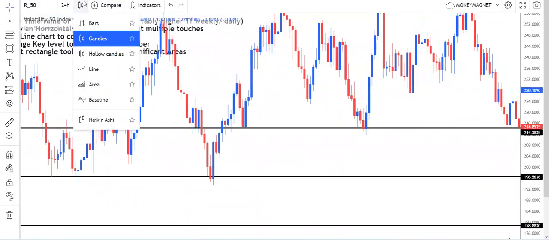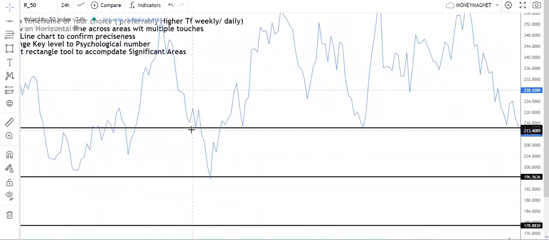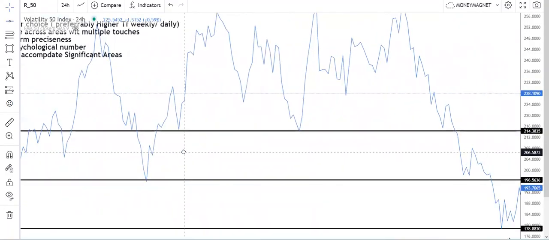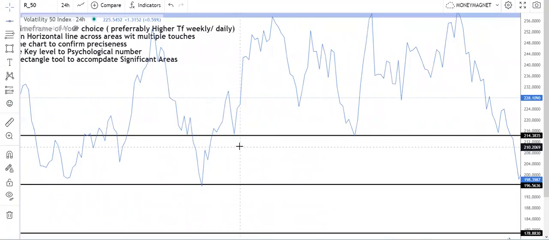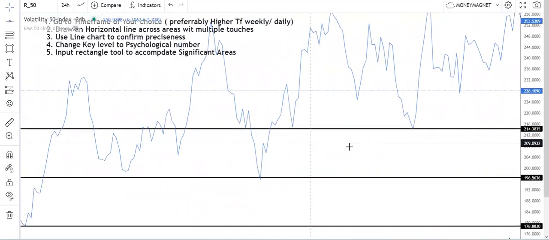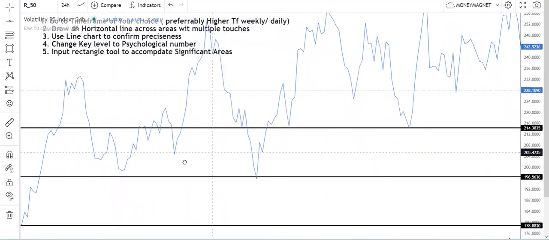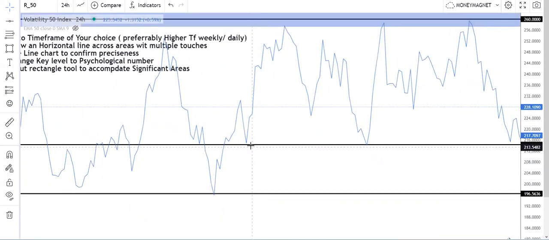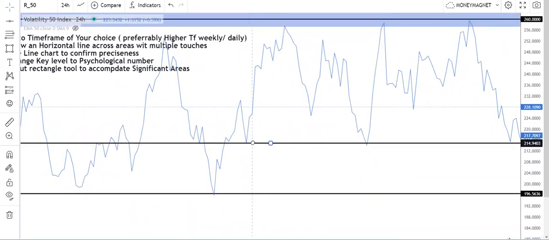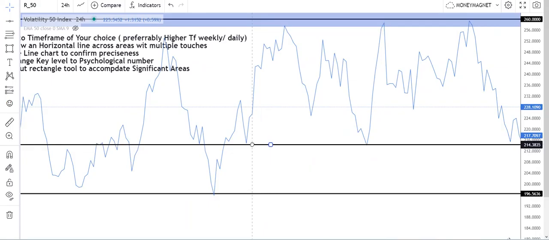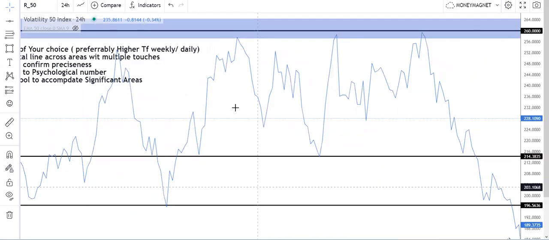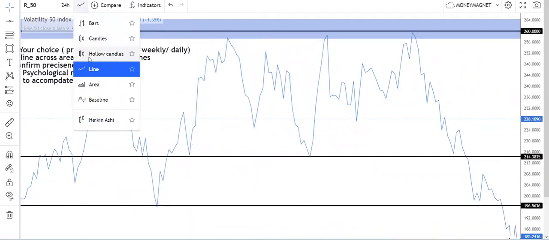Let me see how precise that is. Okay, that looks good. I think I'll leave it at that. Yeah, it looks precise.